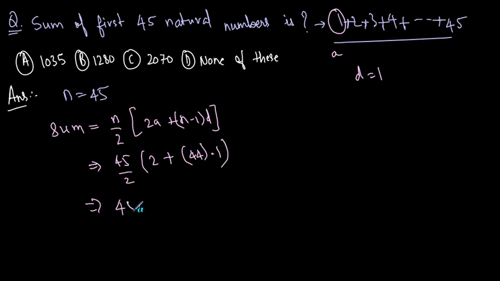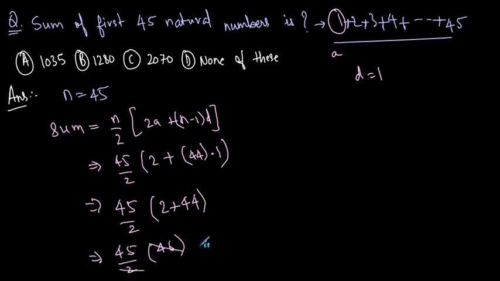So 45 by 2 into (2 plus 44). That gives us 45 by 2 into 46. Now we can cancel out values from here. 46 divided by 2: 2 2s are 4, 2 3s are 6. So our answer is 45 into 23.